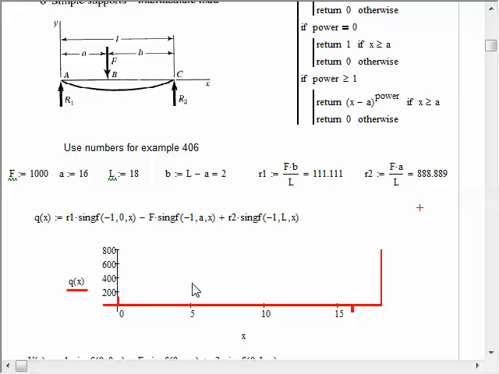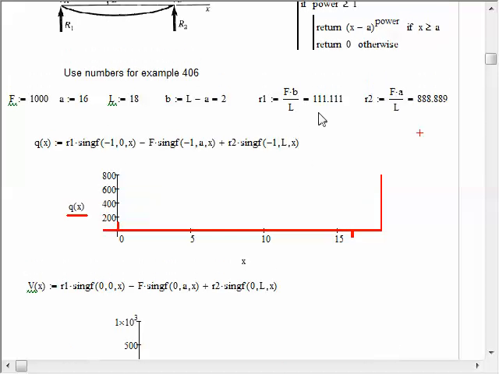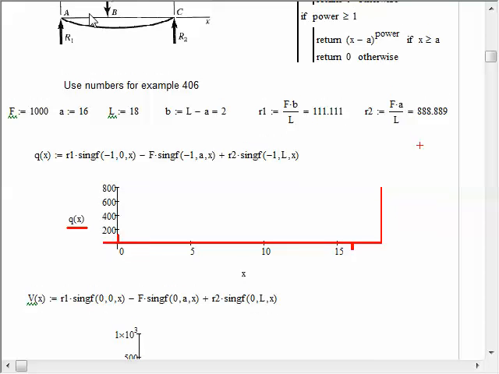And so if I were to plot these, what I should see, and I think I've chopped my plot off a little bit, I see my left-hand reaction, which is 111, heading up. Then I have nothing until I reach out here at 16. This should drop down 1,000, and then this one should go up almost 900.